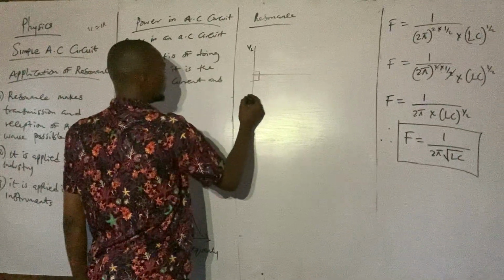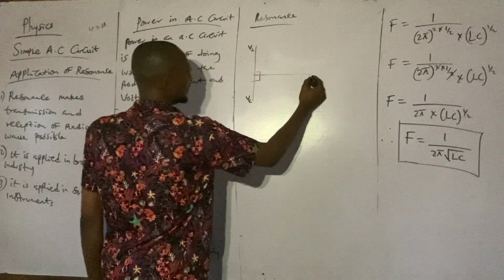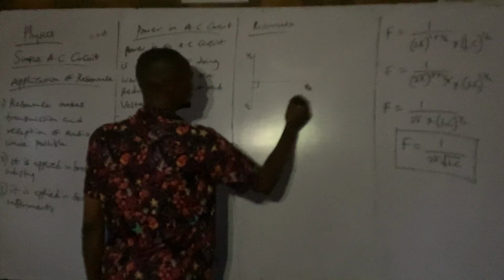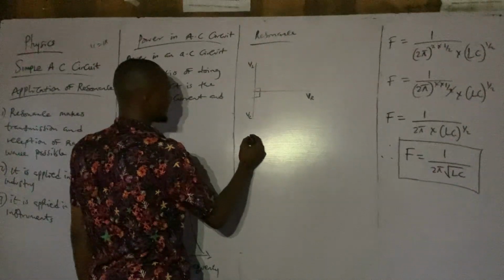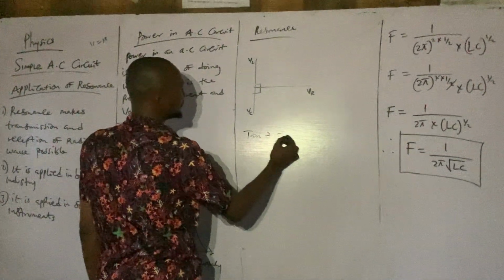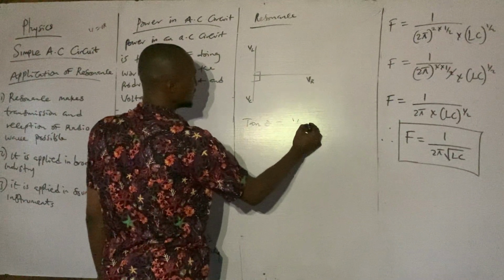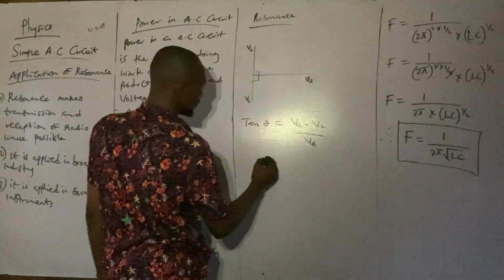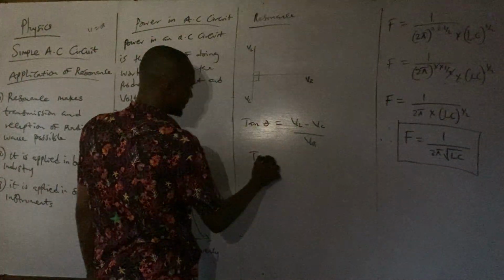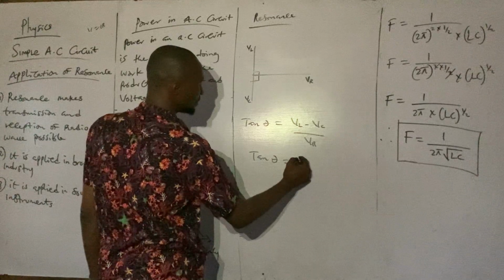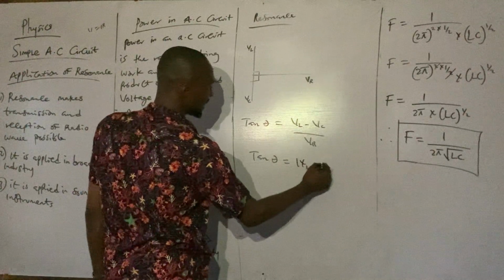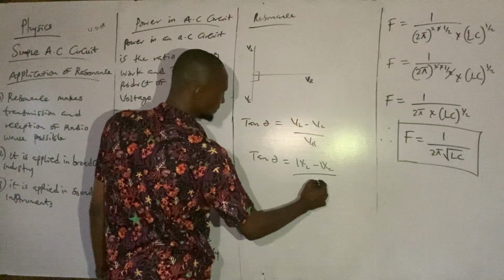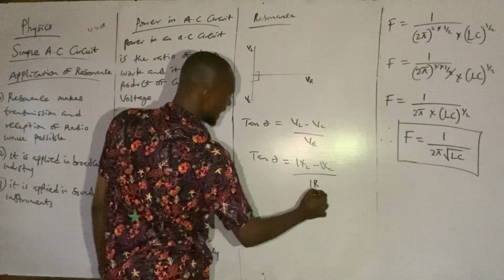Here is VR, VC, and VR. So we can say that tan theta is equal to VL minus VC over VR. So tan theta is equal to IXL minus IXC over IR.